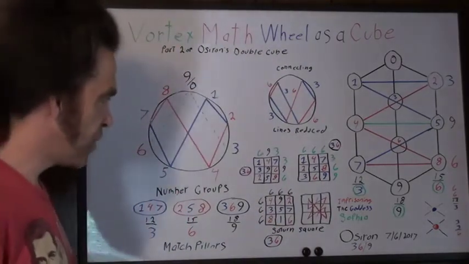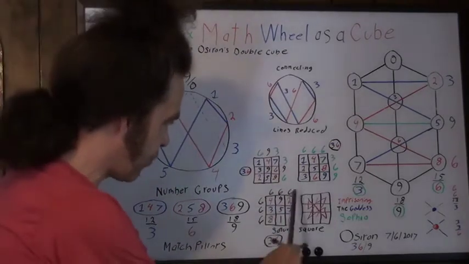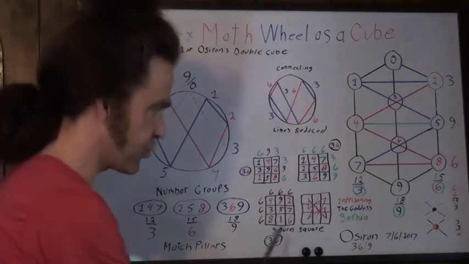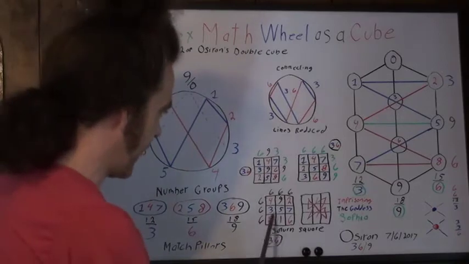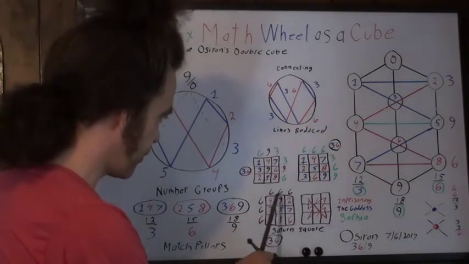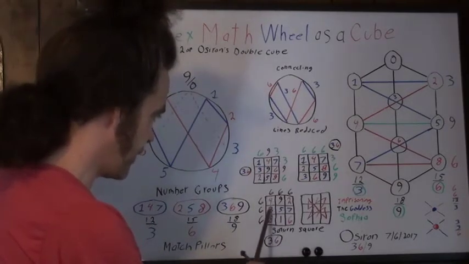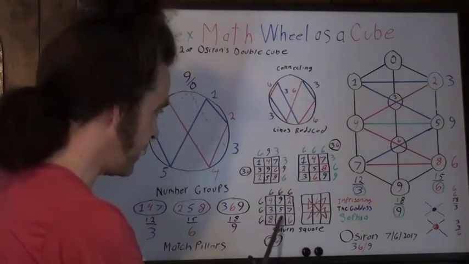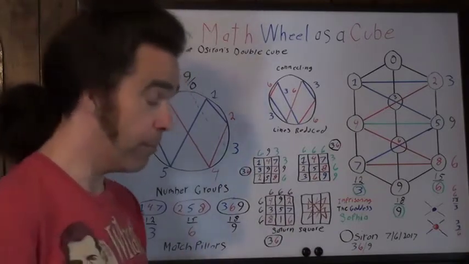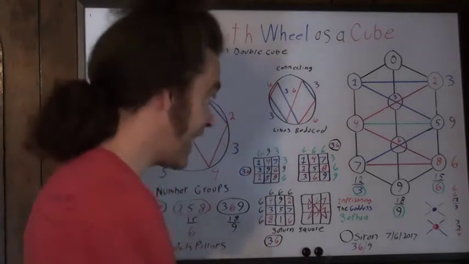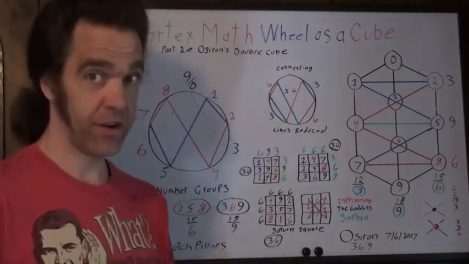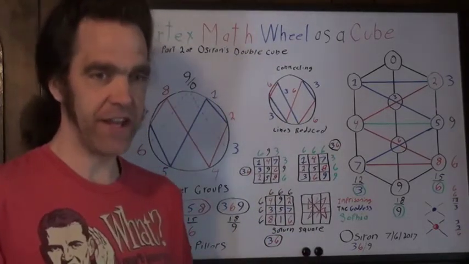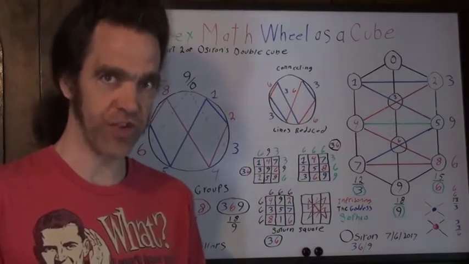Now, one thing you're going to notice is that all the angles and opposites on the Saturn square add up to 10. So 8 plus 2 is 10, 6 plus 4 is 10, 7 plus 3 is 10, and 9 plus 1 is 10. And they all do that. But that does that on this square too. Because remember, 10 isn't a negative number, it's a single unit.